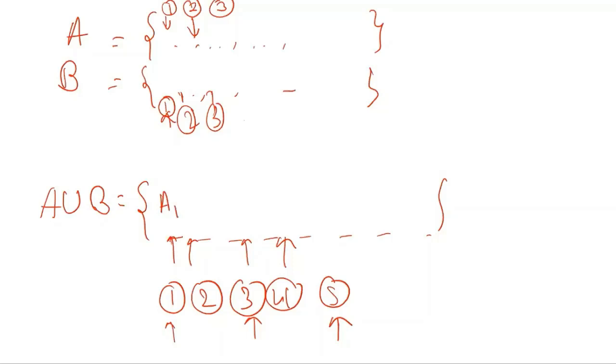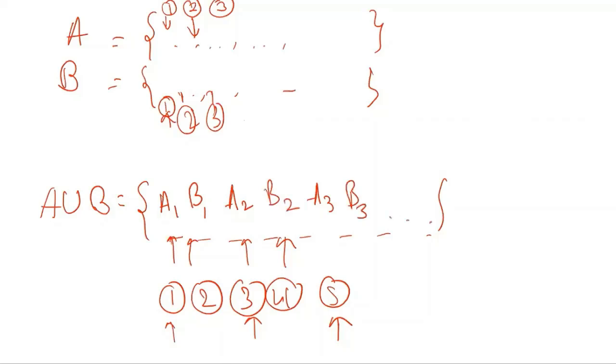First element of A means the element of A which is mapped to 1 in the original counting of A. Similarly, in 3, I will map A2. In 5, I will map A3, and that's how I will cover all elements A1, A2, A3. Similarly, in the second spot, I will map B1, the first element of B, and the second element of B in 4, and like this.